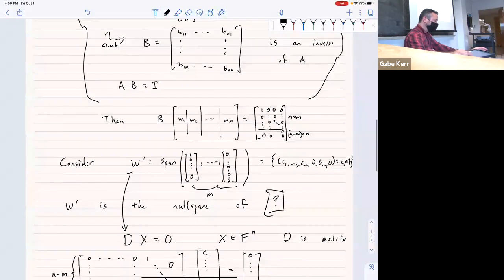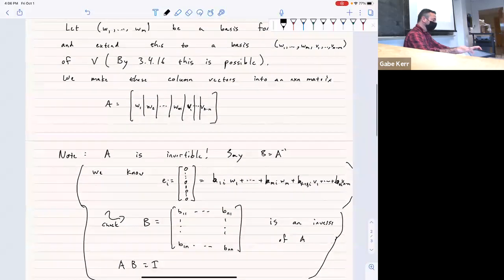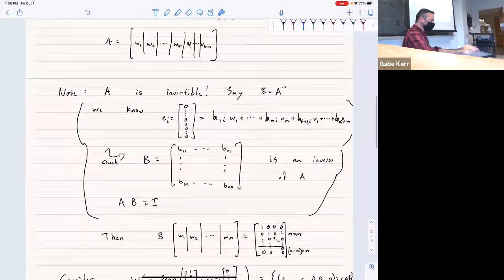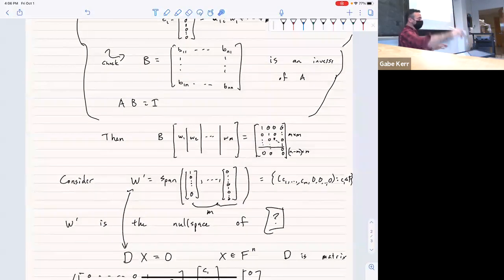But the point of what I did earlier was I took the arbitrary W they give me, and essentially rotated it so that it would be W prime. By multiplying by the inverse, I said, this is my W, W1 through Wm is the span. Now I'll hit it with B, and I look at the span of these guys, and I get precisely this.